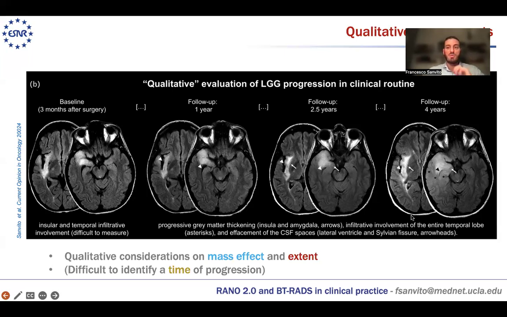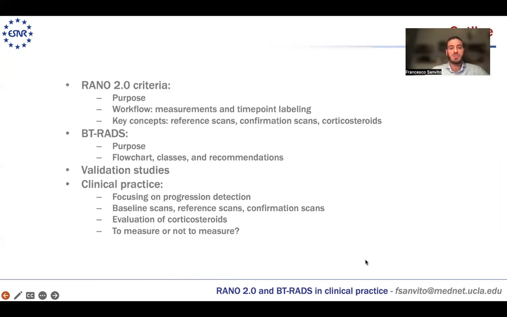I think maybe it would be even more confusing in this case. So in extreme cases like this, I think we don't really have to do our homework of measuring necessarily. We can just describe what we see and call that the tumor is clearly progressing. Of course, we can only do this in clinical routine. In a RANO situation, we would have to come up with some sort of measurements because that's inevitable in RANO.